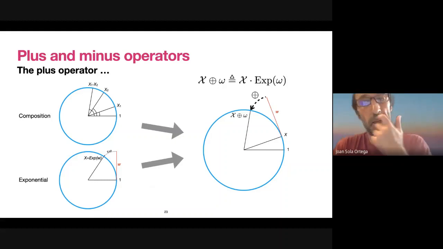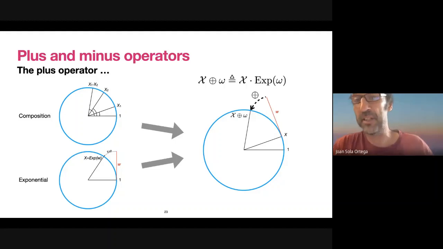So you want to combine an element of the group with an element of the tangent space of the group to get a new element of the group. If you exponentiate omega, you get the exponential of omega, and you compose it on top of x, and you get x times the exponential of omega, right?